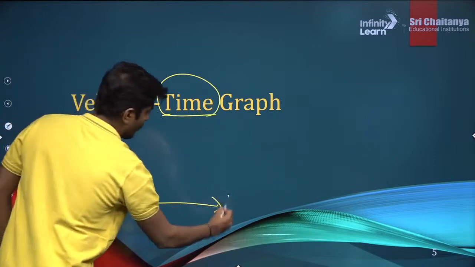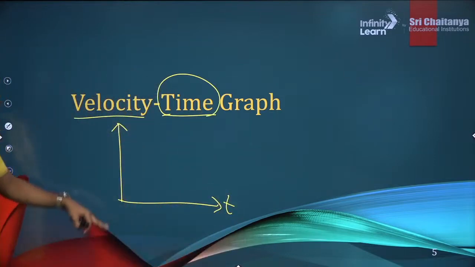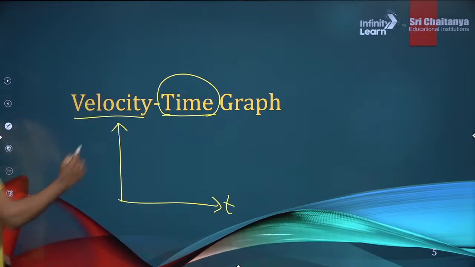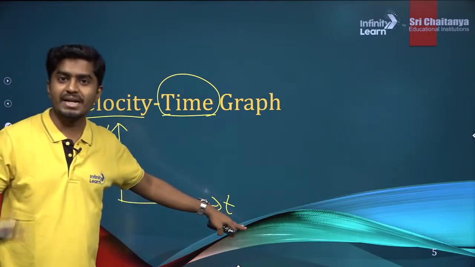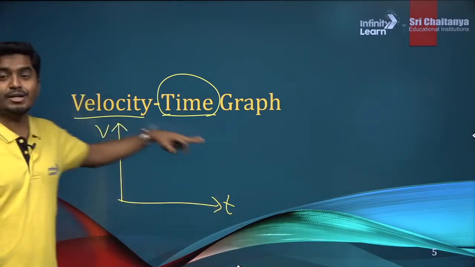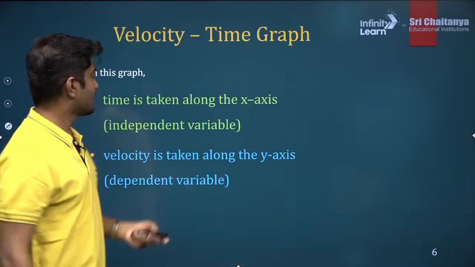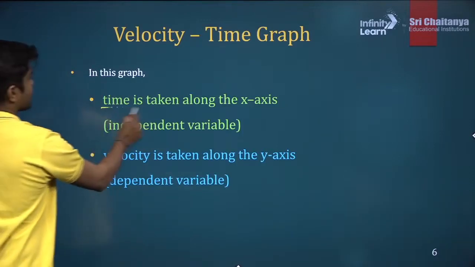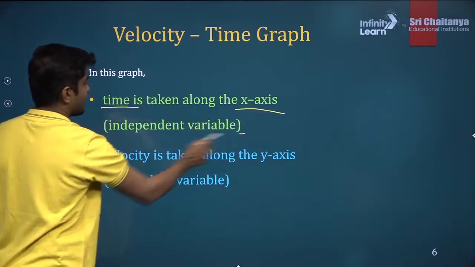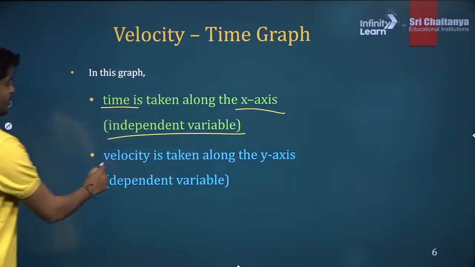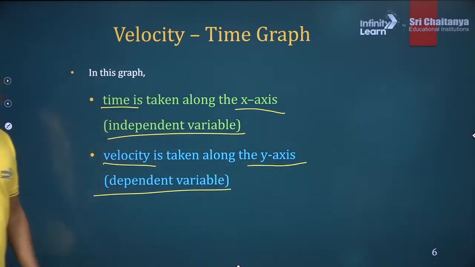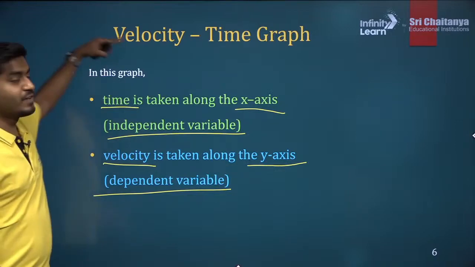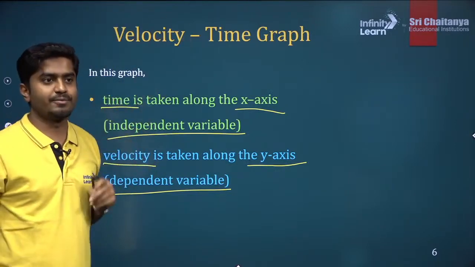So time will come on the x-axis and the velocity will be on the y-axis, because time is independent and velocity will depend on the time. That is the reason time is taken along the x-axis as the independent variable, and velocity on the y-axis is the dependent variable. So this is why it is called a velocity time graph.